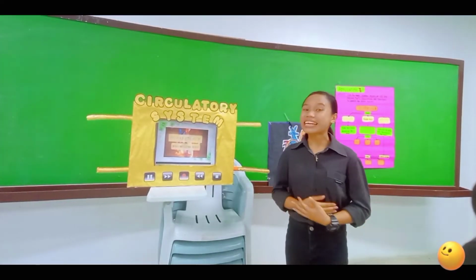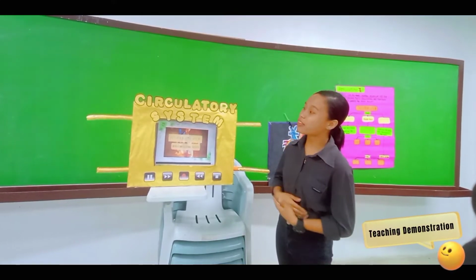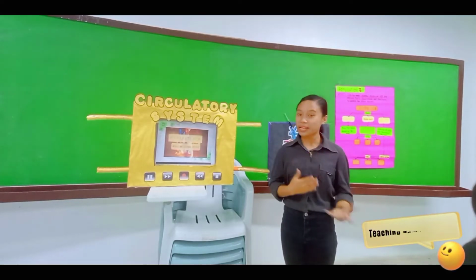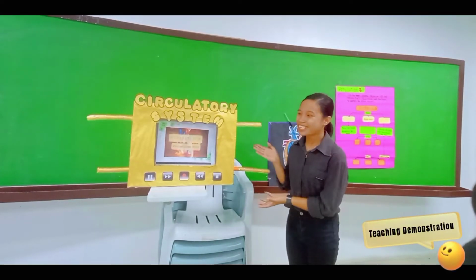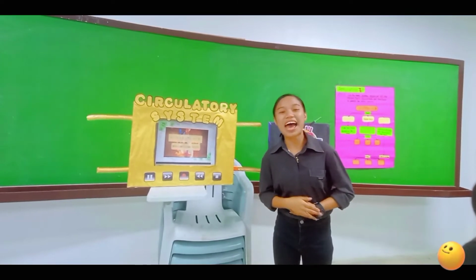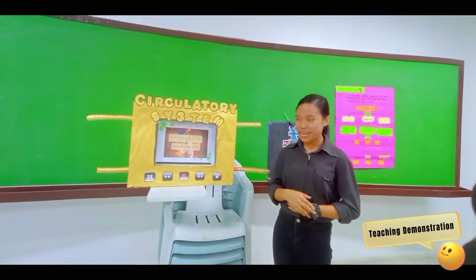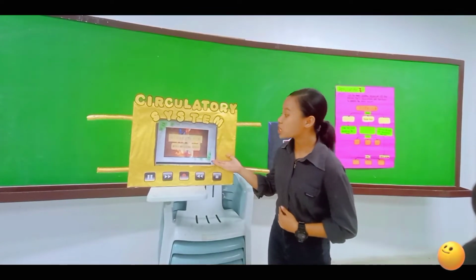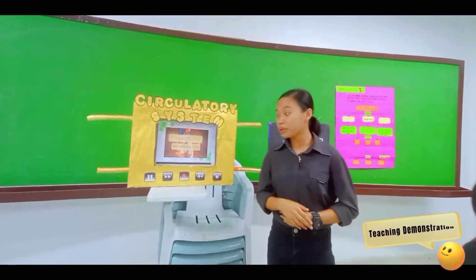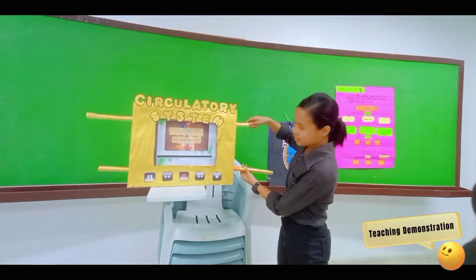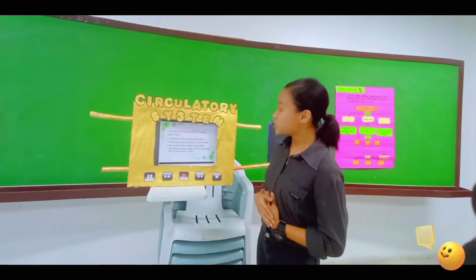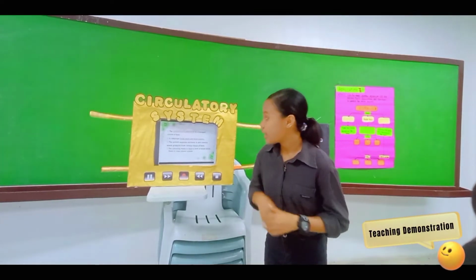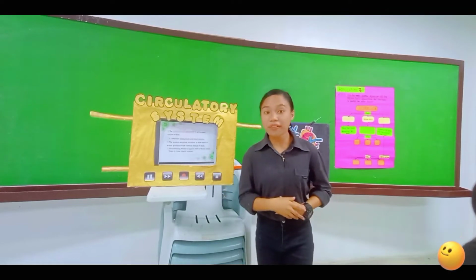For today's lesson, we are going to tackle the circulatory system. Your teacher Remy and teacher Jared made a static television for you to be able to understand our topic. To start this lesson, we have here the introduction to the human circulatory system. The cardiovascular system, or circulatory system, is the transport system of the body.